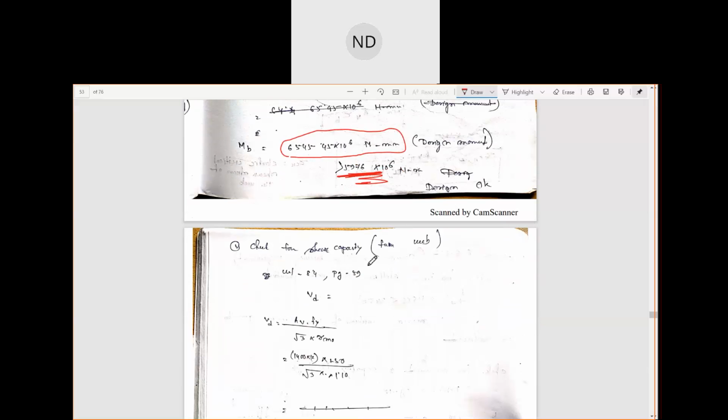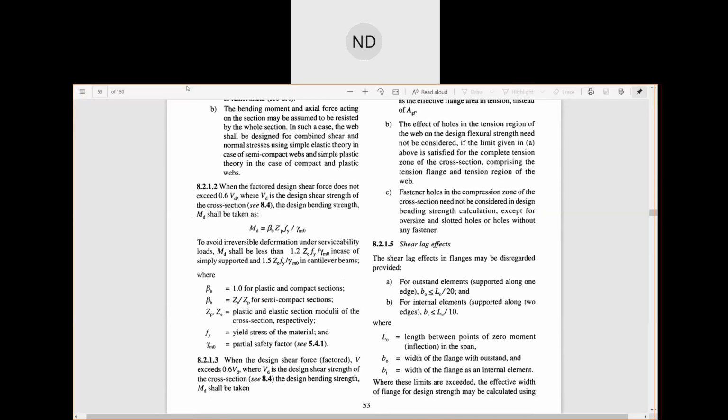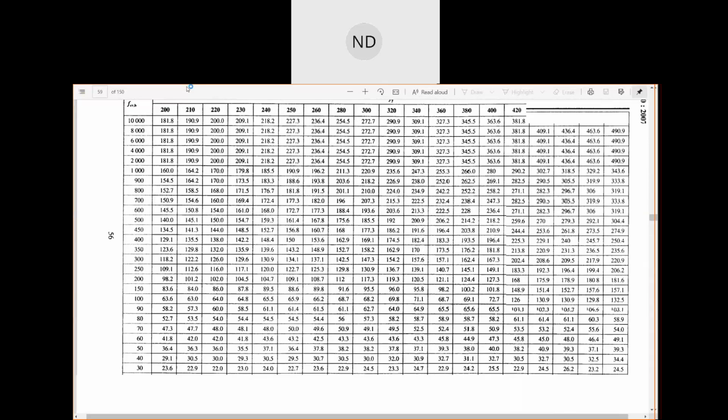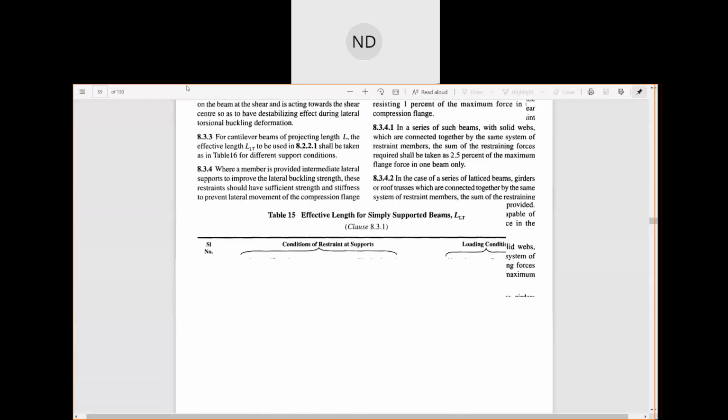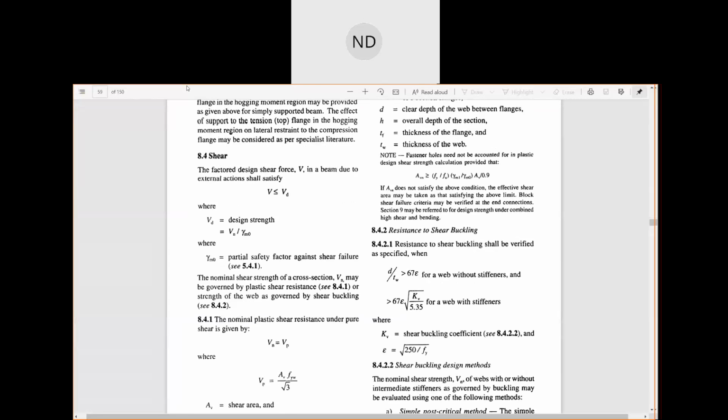Now next we will check for the shear capacity of the web. For this we have to go again to page number 59. Now if you see here, this one, 59, we know what our nominal shear resistance is.